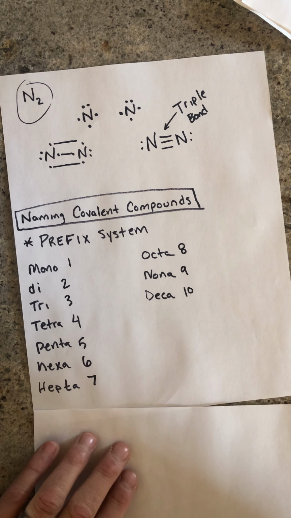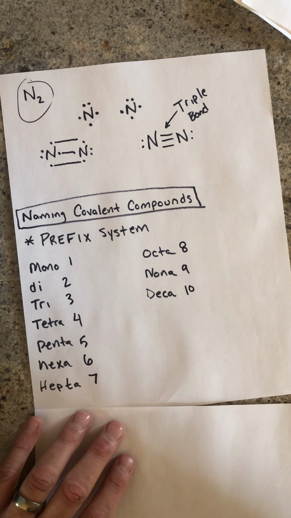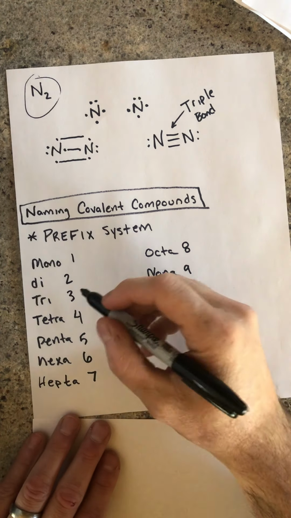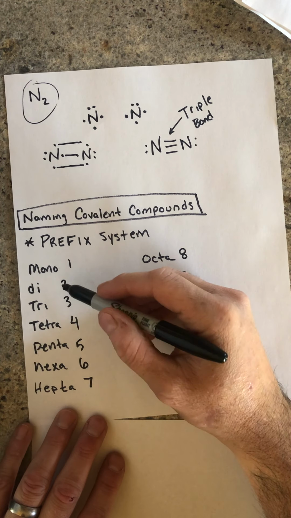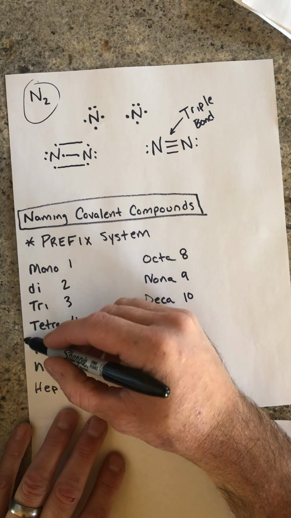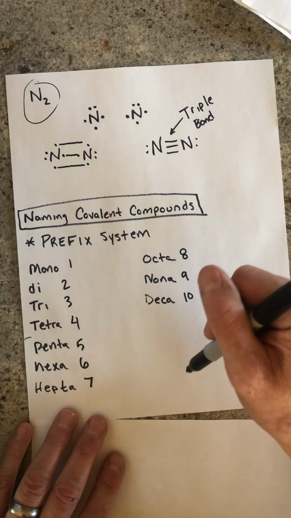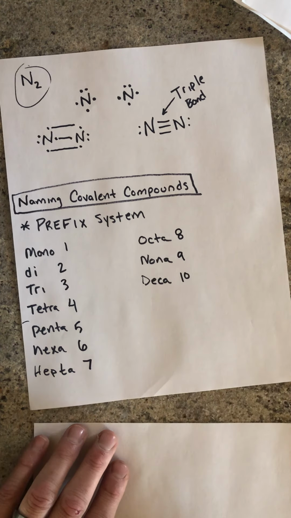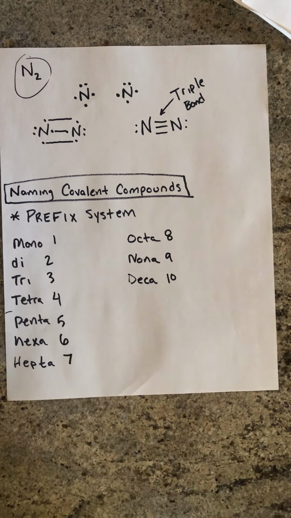And for sure, when we first start doing these molecular electron sharing situations, we're probably going to be in the mono, di, tri, tetra range here. It gets a little bit goofy when you start incorporating a bunch of these other things. But let's just do some examples here and see how we're going to use these prefixes names.